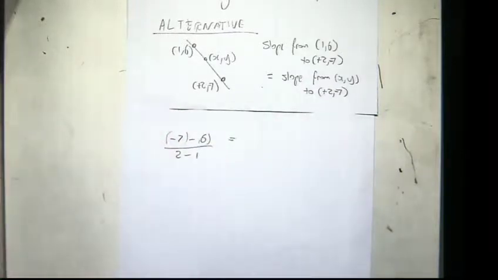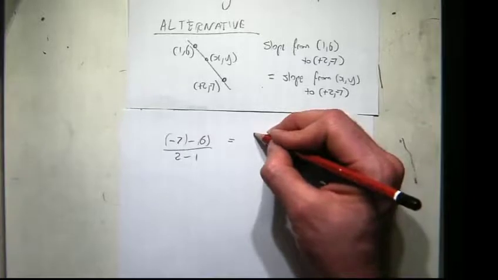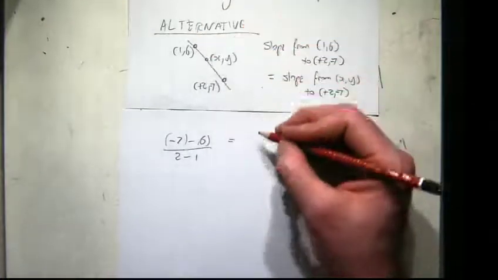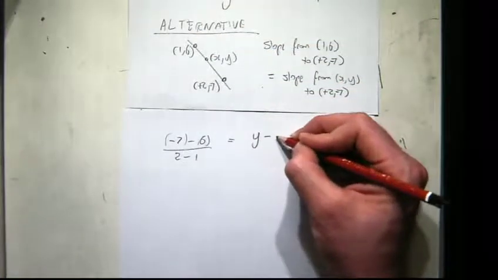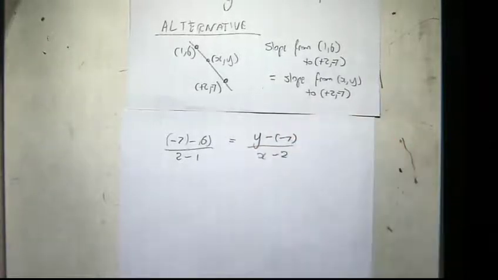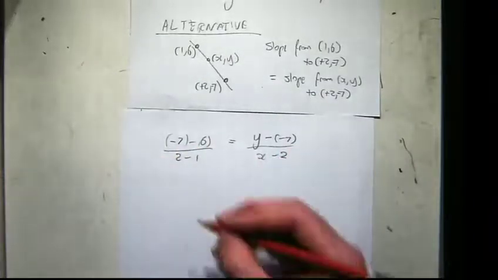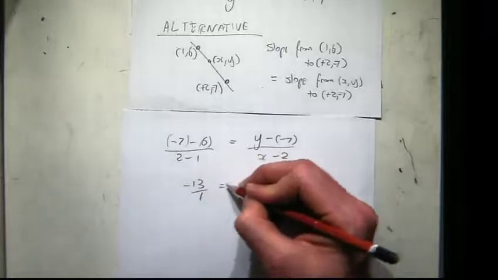And on the other side, it doesn't have to go from here to here, it could go from here to here, it doesn't matter. So I'm going to go y minus 7 over x minus 2. That's the slope between these 2 points, that's the slope between these 2 points, and that is the slope. So I get minus 13 over 1.